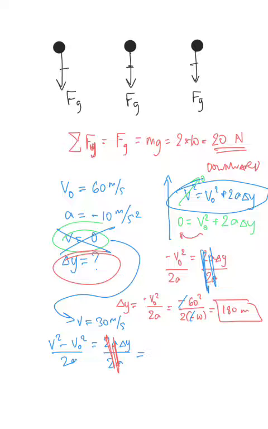So delta Y is equal to V squared, that's 30 squared, minus VO squared, that's 60 squared, divided by 2 times negative 10. With all these numbers plugged in, you'll get an answer of 135 meters.